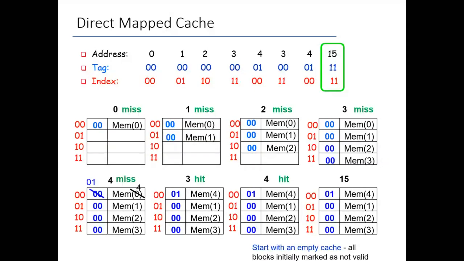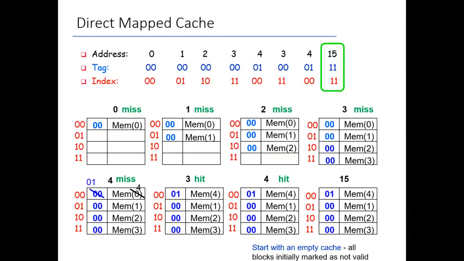Now we want to access block number 15. If you convert this 15 into binary, it is 1, 1, 1, 1. To which set is it mapped? Set 3. And then we compare the tag field. The tag of the incoming block is 1, 1, and they are different.